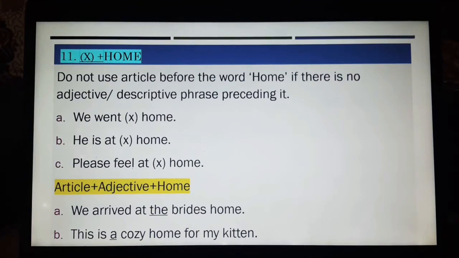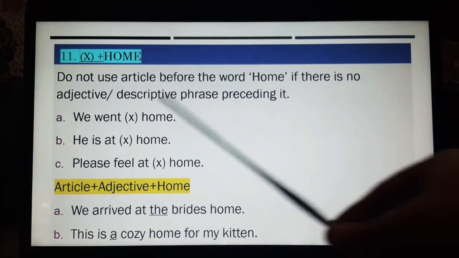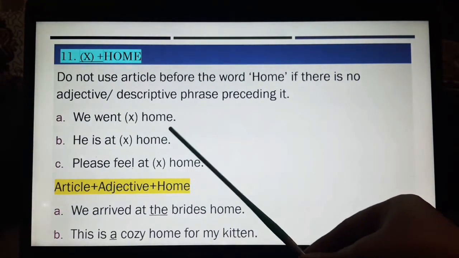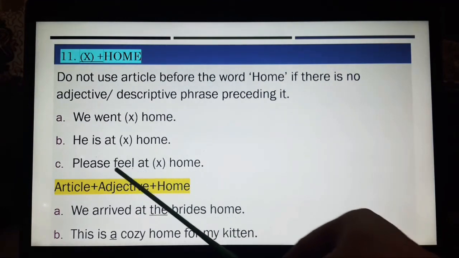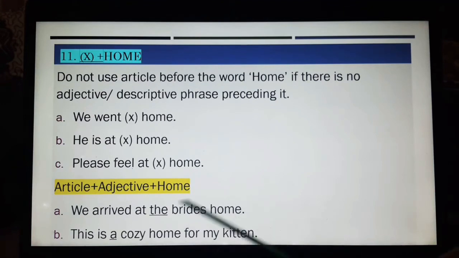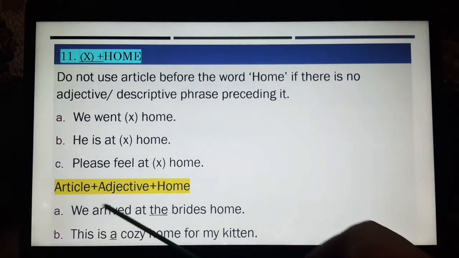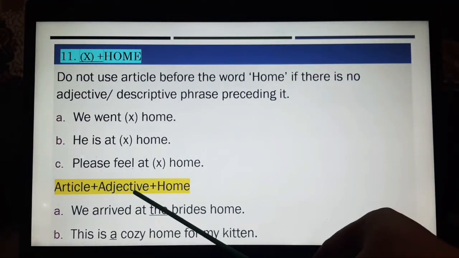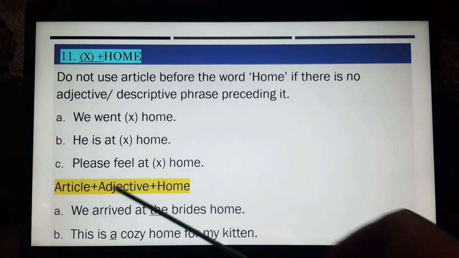No article before home. Do not use an article before the word home if there is no adjective or descriptive phrase preceding it. See, we went home. He is at home. Please feel at home. But when there is any adjective preceding home, we use an article.